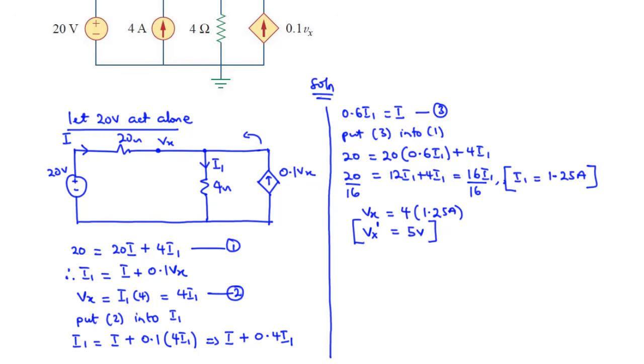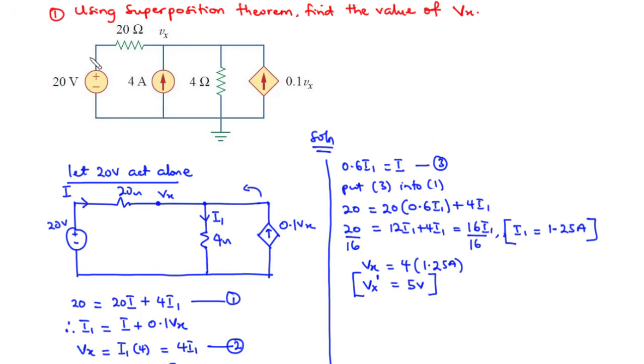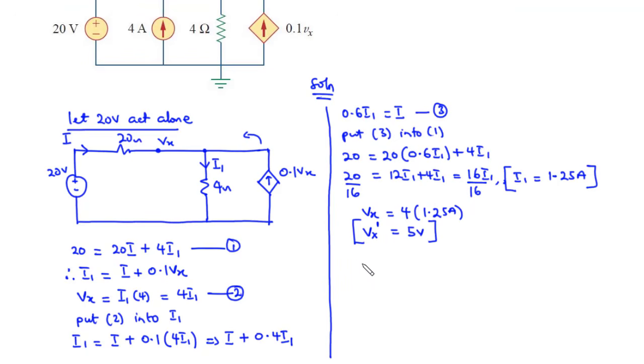Again, we are going to deactivate 20 volts and then make 4 amperes act alone. So for 4 amperes acting alone, let 4 amperes act alone. So let's redraw the circuit. We are going to have 20 volts becoming a short circuit.